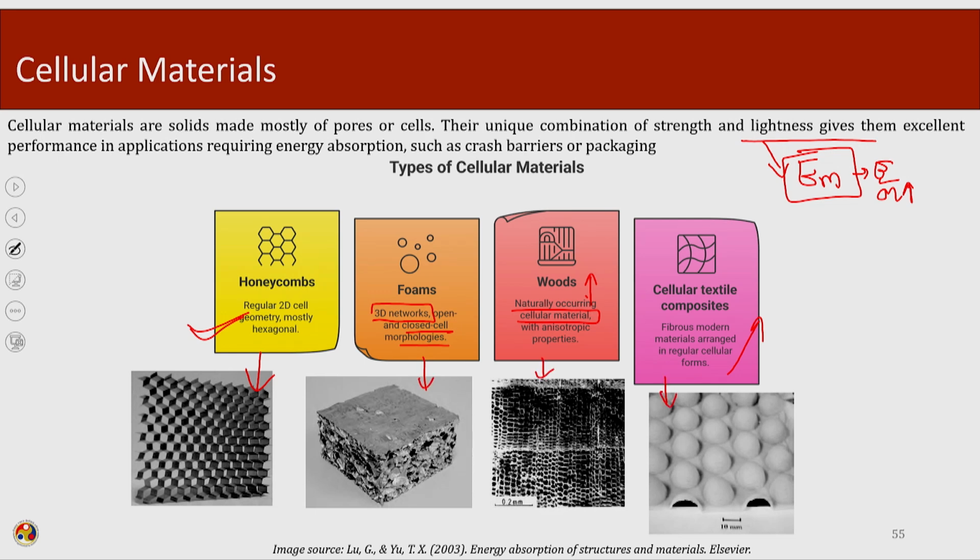Here we can see different examples of cellular materials which are used as energy absorption materials, and their best criterion is that they have a combination of high energy absorption and they are very light. So, their EM value is high. So, they become very efficient materials in the energy absorption field.